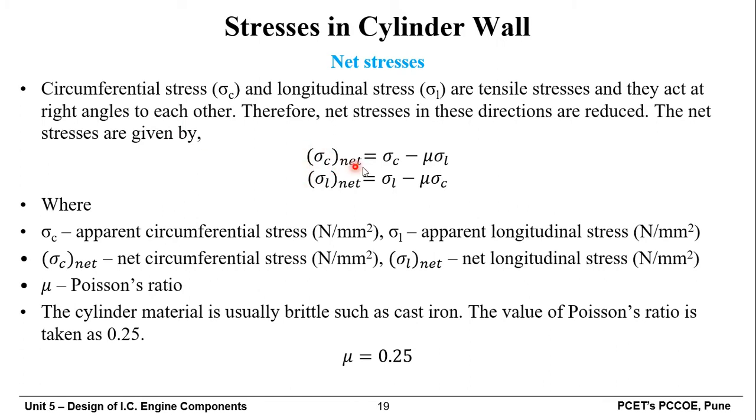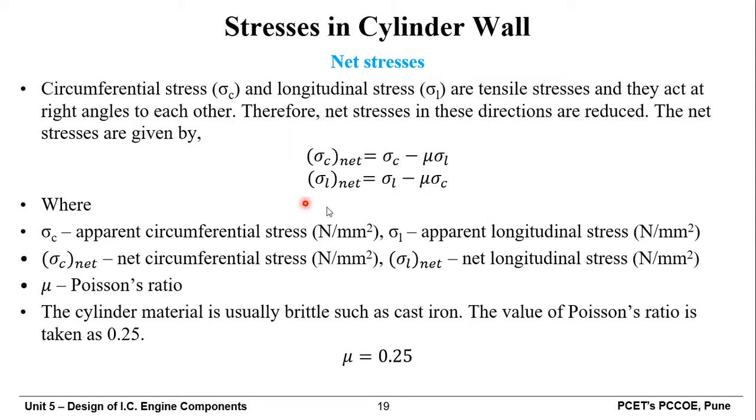Net circumferential stress is equal to apparent circumferential stress minus Poisson's ratio into apparent sigma L, and net longitudinal stress is equal to apparent sigma L minus Poisson's ratio into apparent circumferential stress.